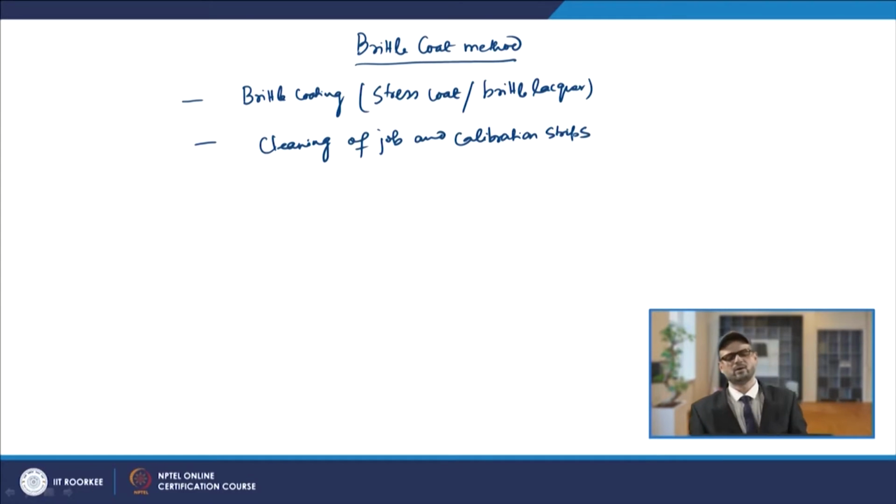You also give a pre-coating with aluminum, so that you have a bright background. With aluminum you give a pre-coat, and then you provide the brittle coating, so that when the pattern comes out, you can have more bright visibility.